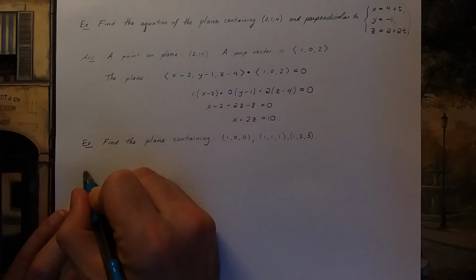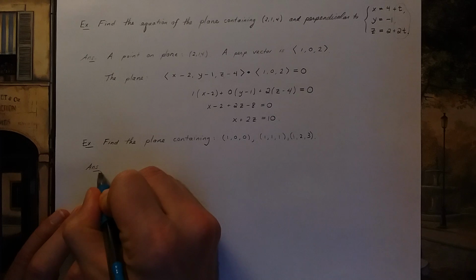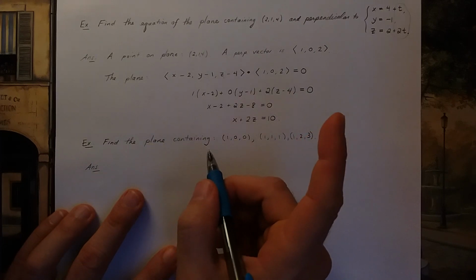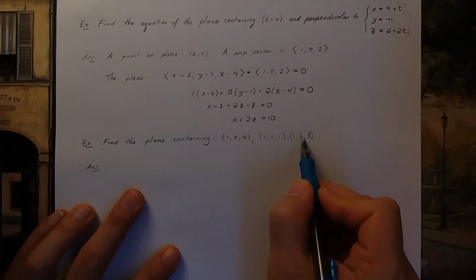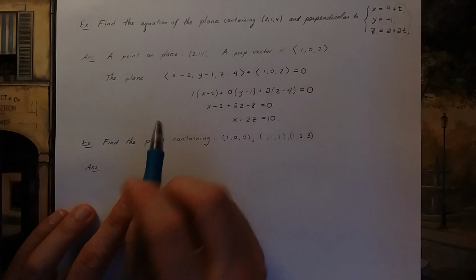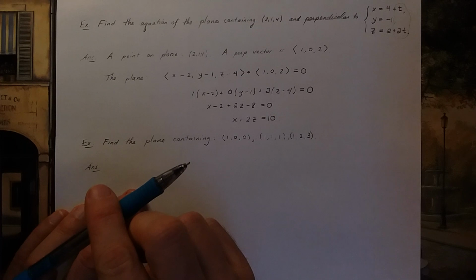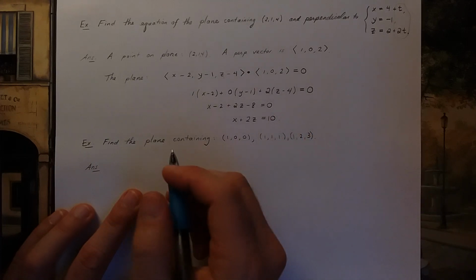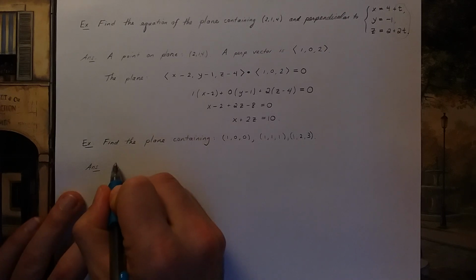Well, to find the equation for the plane, I need a point on the plane, of which I have 3, but I also need a vector that's perpendicular to the plane, a vector that's sticking straight out of the plane. Watch what I'm going to do.